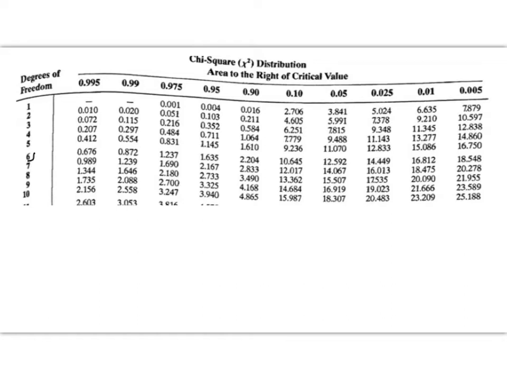So I'm going to go to that line, and I'm going to follow it across until I get to 0.01, because that is the area I'm looking for. So chi-square alpha in my case is 16.812.